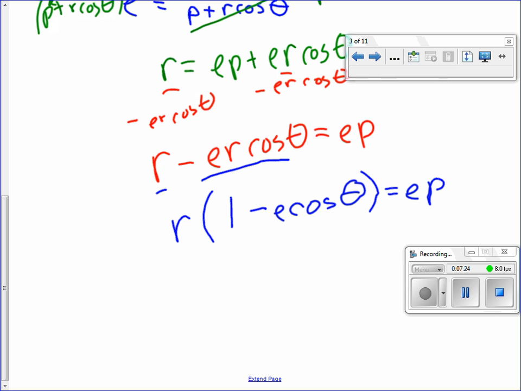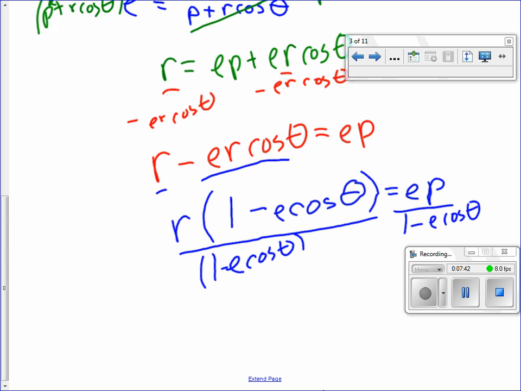And then there's just one more move to get R by itself. What's the last move going to be? Divide by, not by E, the entire thing, 1 minus E cosine theta. Do the same thing on the right. So our final equation is R equals EP over 1 minus E cosine theta.